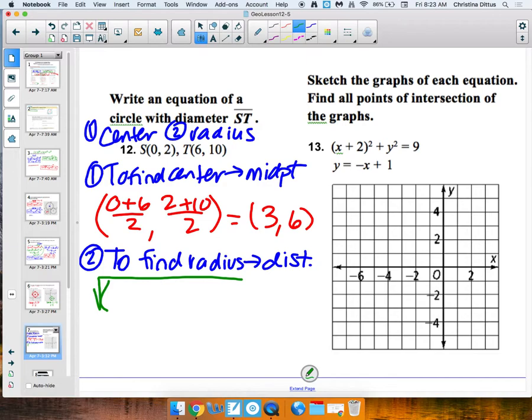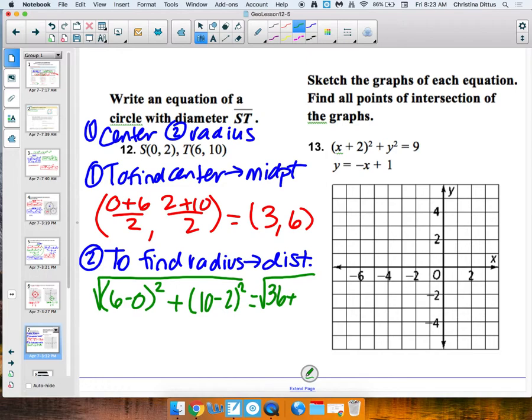So my x's again were 0 and 6. 6 minus 0 squared, plus my y's, 10 minus 2, squared. 6 minus 0 is 6, 6 squared is 36.